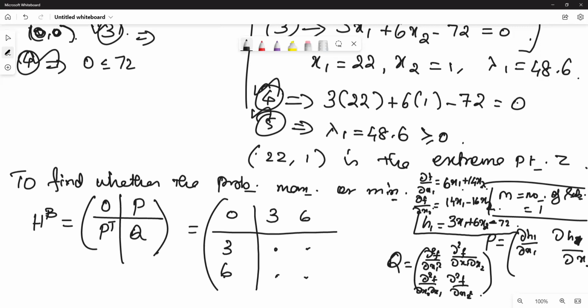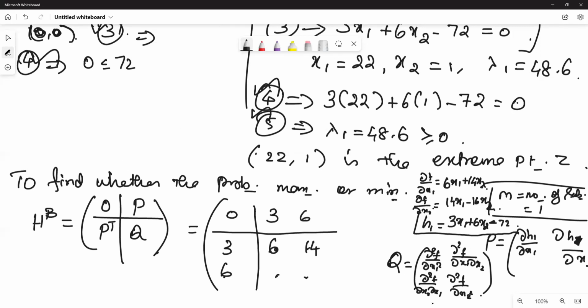∂²F/∂x1²: if you differentiate again with respect to x1, it is 6. ∂²F/∂x1∂x2 means we differentiate ∂F/∂x2 with respect to x1, and this becomes 14.